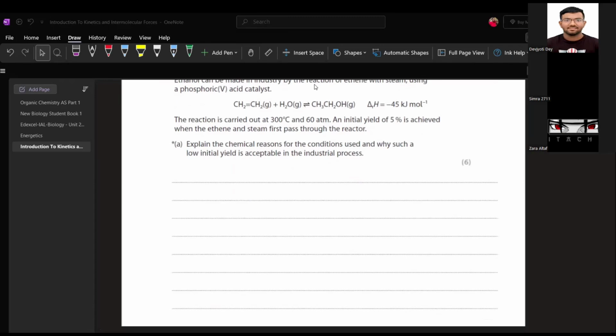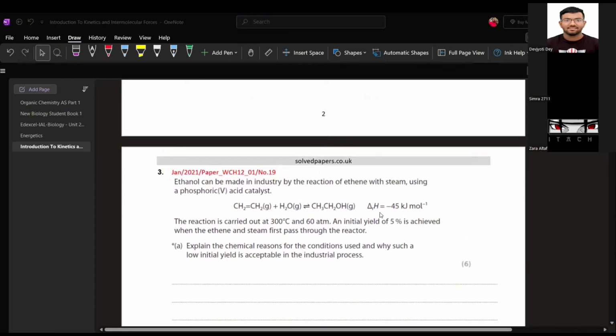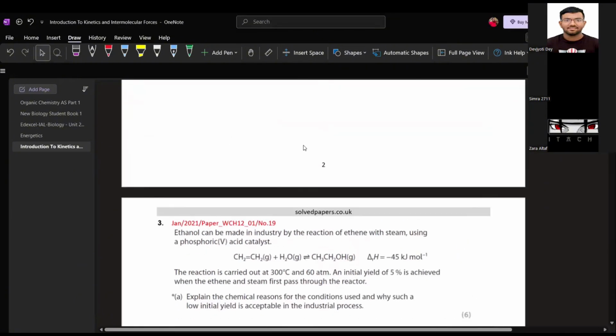So since it's higher, the equilibrium is going to shift to the right hand side where there are fewer moles of gas. Therefore, there's going to be a higher yield of ethanol. That's my first point. And then I said 300 degrees Celsius is also a very high temperature to use.